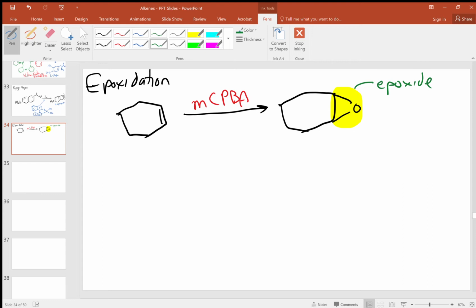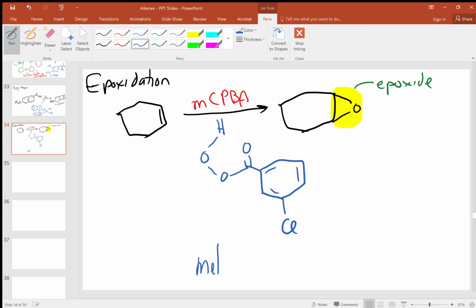So how does this reaction work? Well, in order to see the whole reaction, we need the full structure of MCPBA, which is this structure here, known as meta-chloroperbenzoic acid.